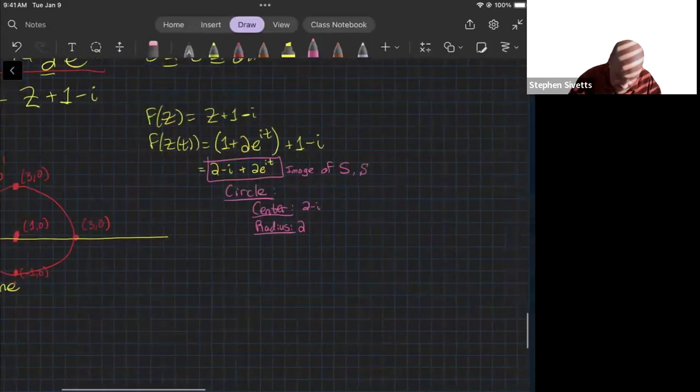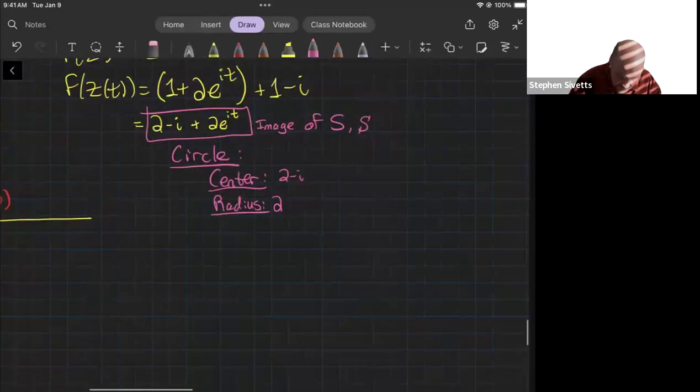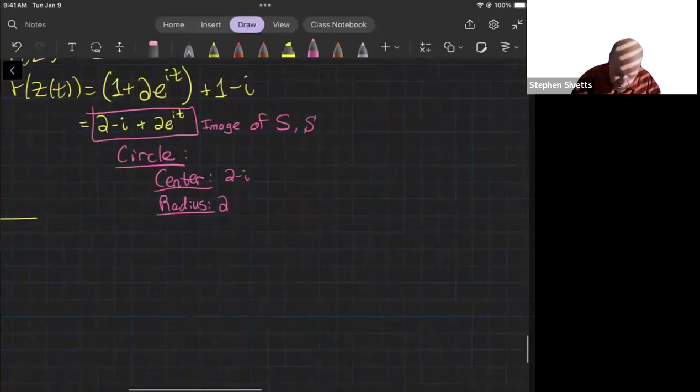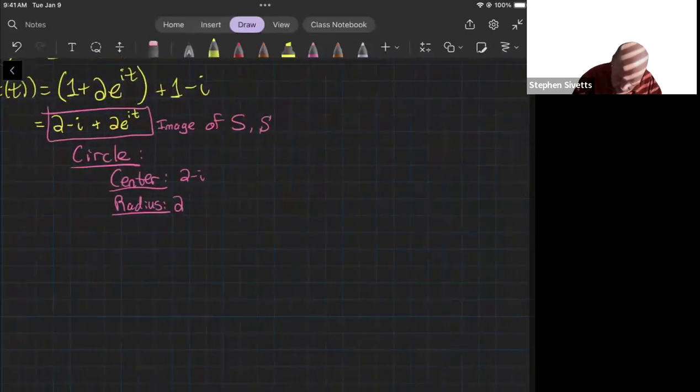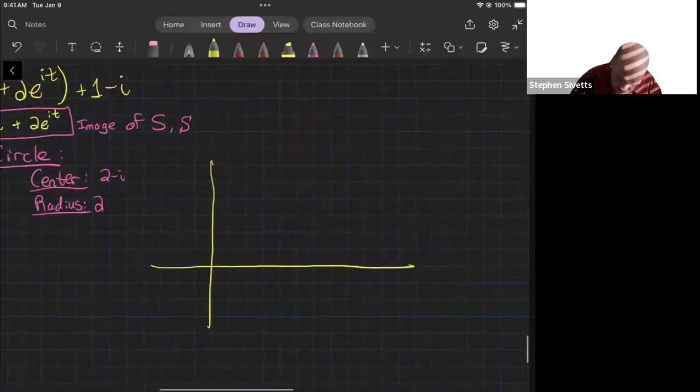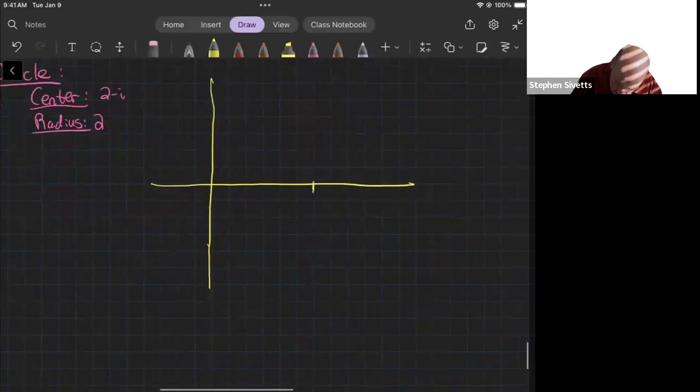So we transform one circle into another circle. So 2 minus I will be the center, and radius 2.